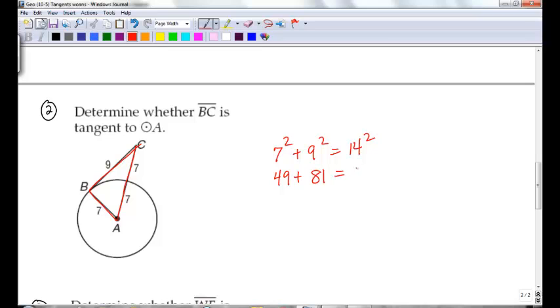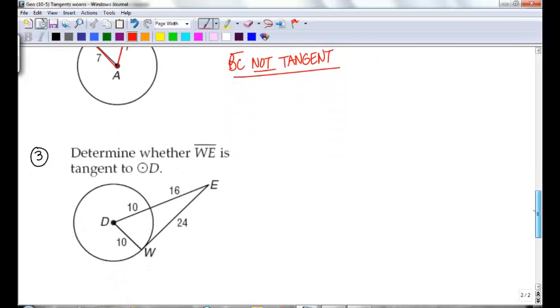What's 14 squared? You get 196. I can tell without adding them, it's not going to work. So the Pythagorean theorem does not hold, so BC is not tangent, because it has to be a right triangle there.